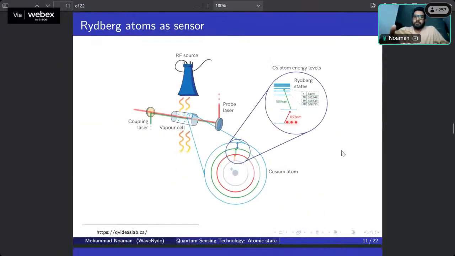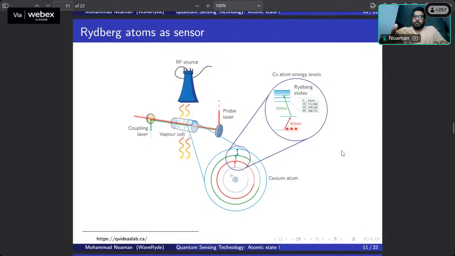So this is pretty much a sketch of the Rydberg atom-based sensor technology. You have an RF source, called a horn antenna. You apply some RF to it, and it emits the RF. There is a vapor cell, and there are lasers.